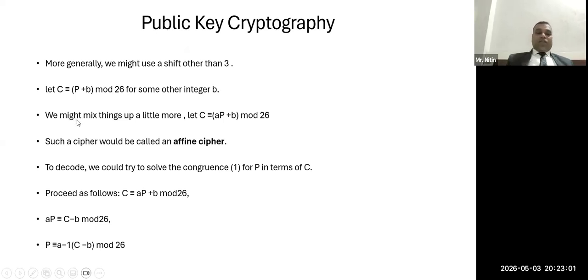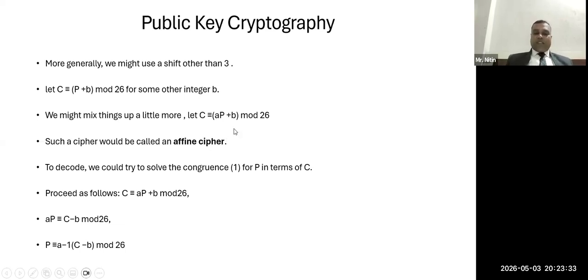Now, we might mix these things up a little more. Yes. Now instead of that digit, we use a common letter, that is b. Now again to mix this, C congruent to aP plus b mod 26. So such a cipher would be called an affine cipher. Affine cipher. Okay, guys.